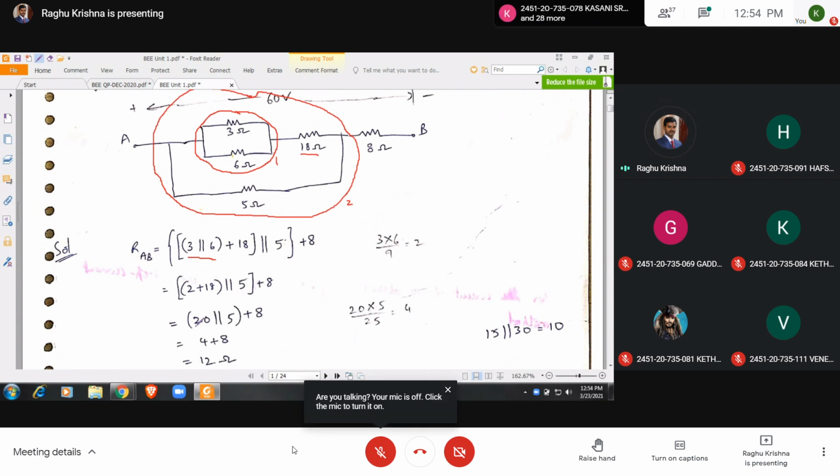This becomes 20. 20 parallel with 5 in series with 8. So 20 parallel with 5 means 20 into 5 by 20 plus 5, 100 by 25, which is equal to 4. So 4 plus 8 is 12.